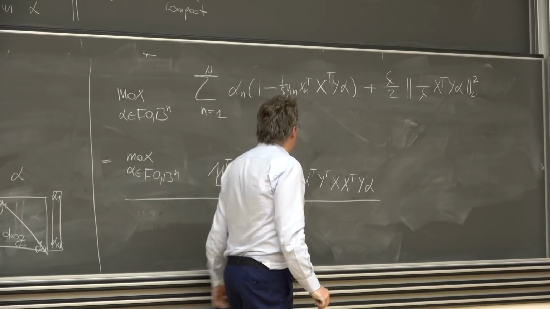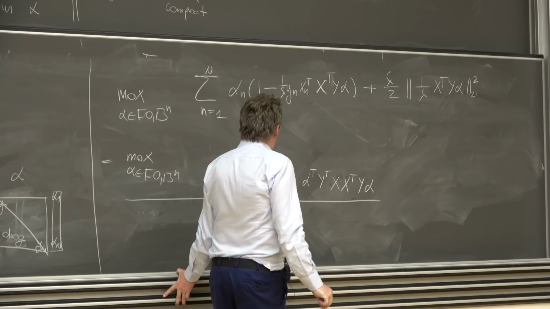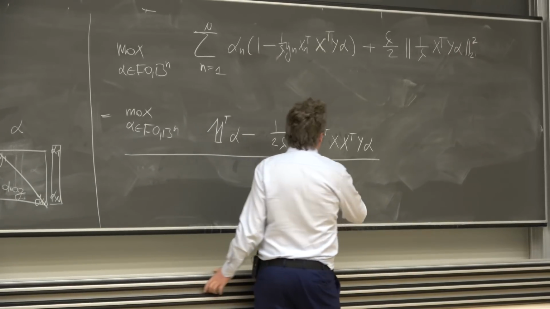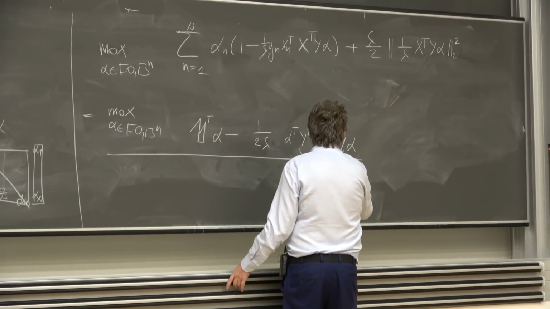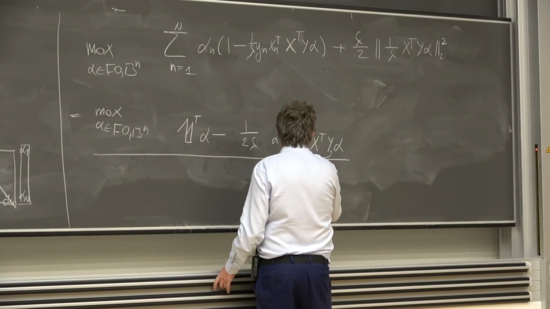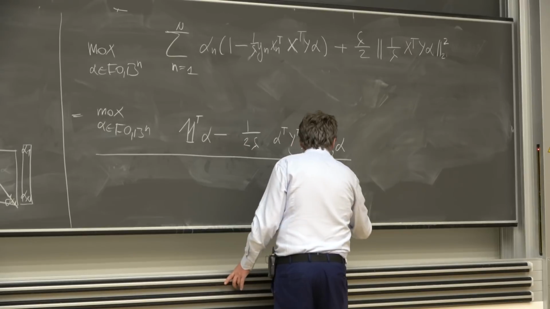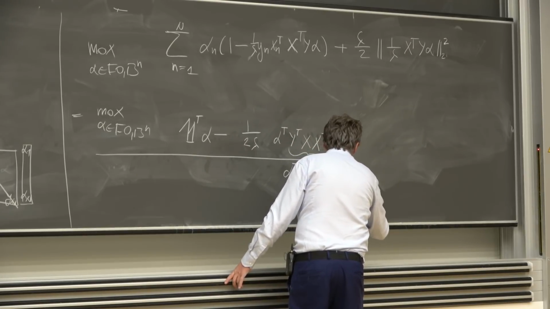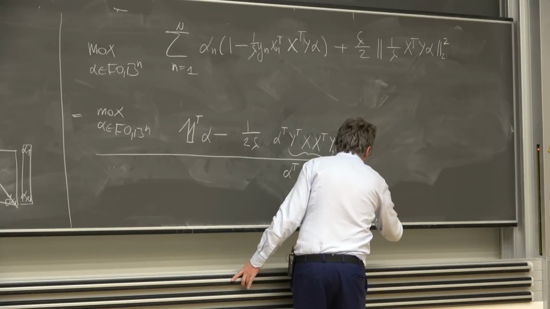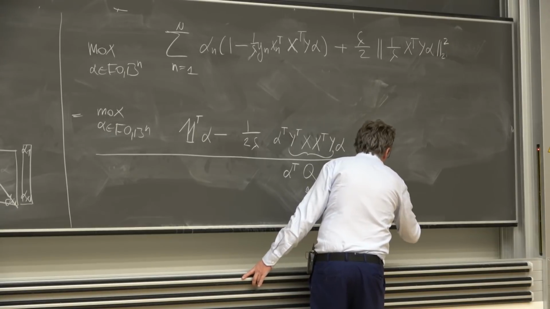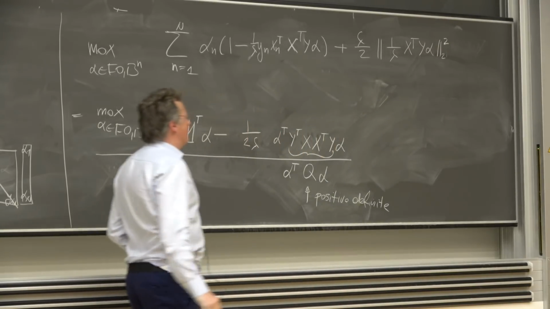Okay. And so the point is that this whole thing we could just write as a Q. So this we could just write like this. Okay, so this is just some positive definite matrix.